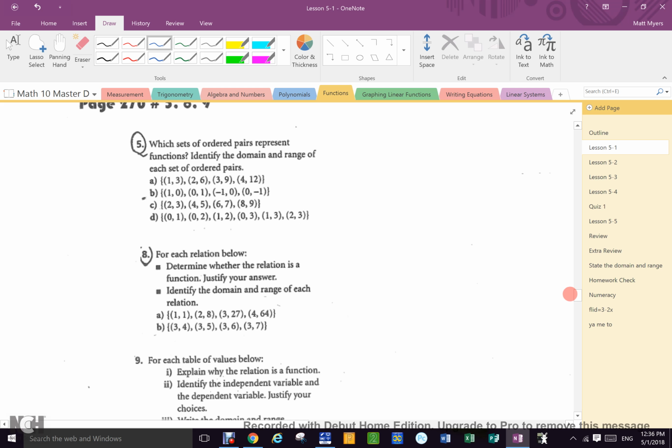If I were you, I would do C and D if I was only going to do some of it. I would do all of 8 and I would do all of 9. I think that should take about 10 minutes. After 10 minutes, I'm going to go over them and I'm going to show you how to do 149 and 150. Okay? Go.